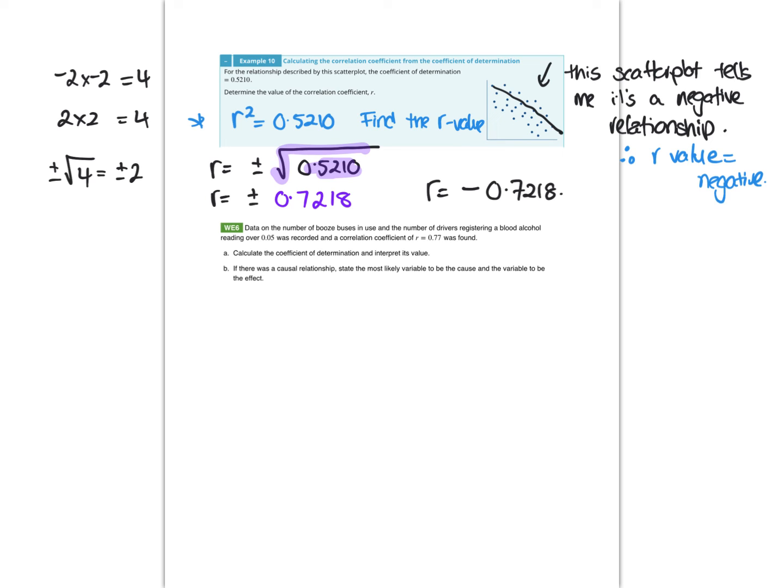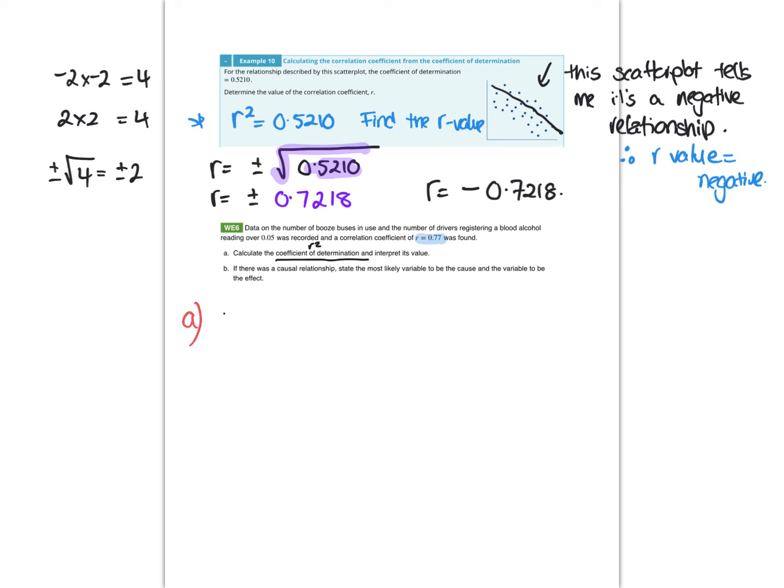Okay? Okay, the data on the number of booze buses in use and the number of drivers registering a blood alcohol reading over 0.05 was recorded, and the correlation coefficient was found to be 0.77. Calculate, so the first part of this question is calculate the coefficient of determination. So when I'm doing these ones, as soon as I read coefficient of determination, I just like to write above it R squared so that I don't stuff it up.